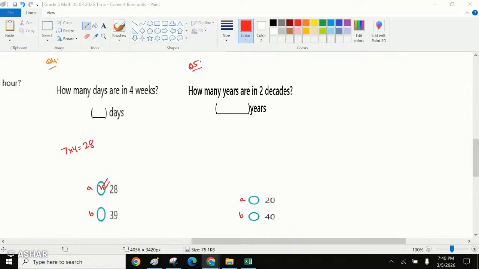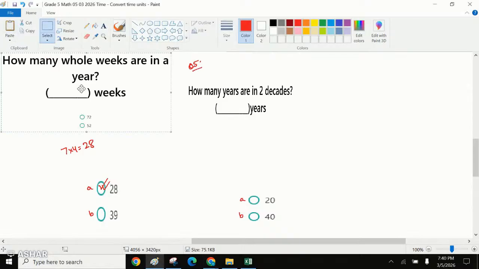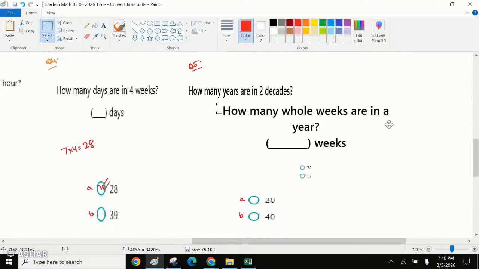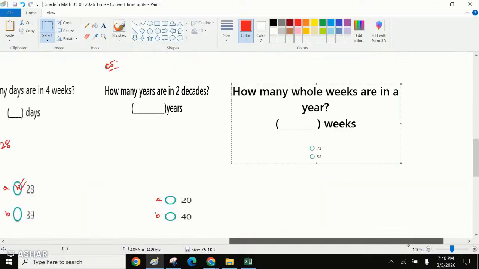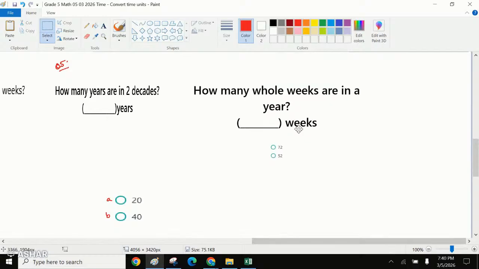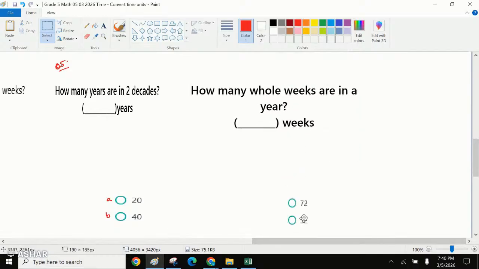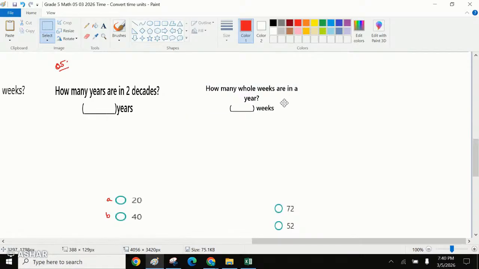We did the simplification for question number 6 already. Question number 5 says, how many years are there in 2 decades? And question number 6 says, how many weeks in a year? Perfect. That is 20.